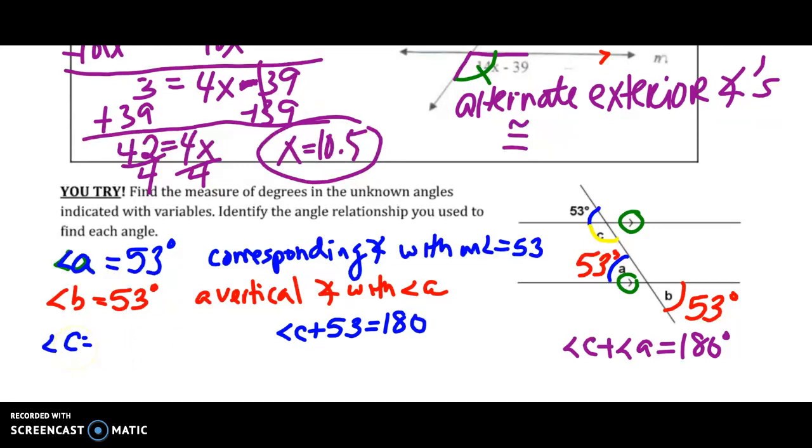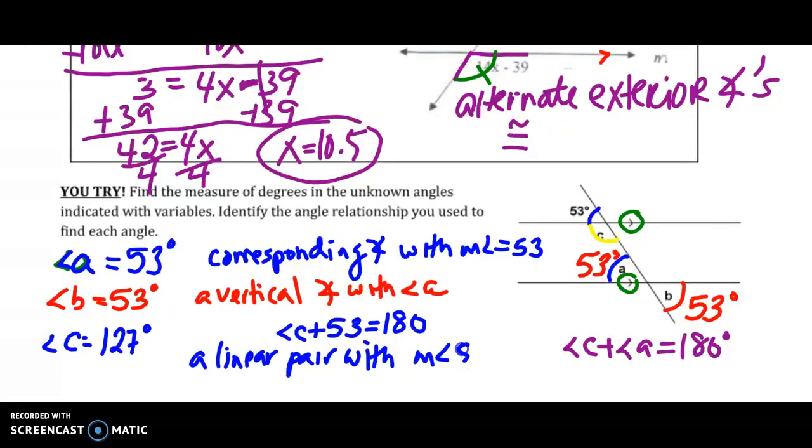And so we get that angle C is, I believe, 127? Hold on a second. 127, yep. And angle C, a linear pair with the measure of angle 53 degrees. And that's it for this video.